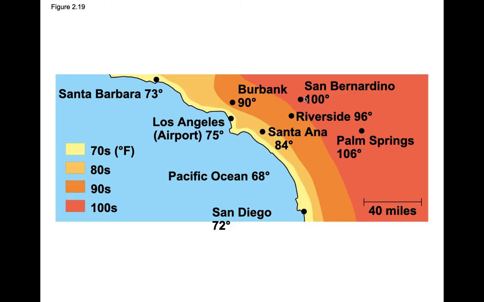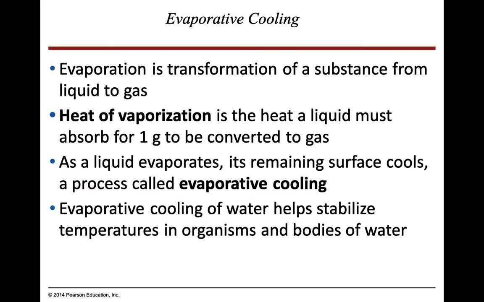cities in their temperatures. Now, evaporation is obviously just the transformation of a substance from liquid to gas. So because water molecules are polar, it takes a lot of energy for water molecules to evaporate. And we call this the heat of vaporization.